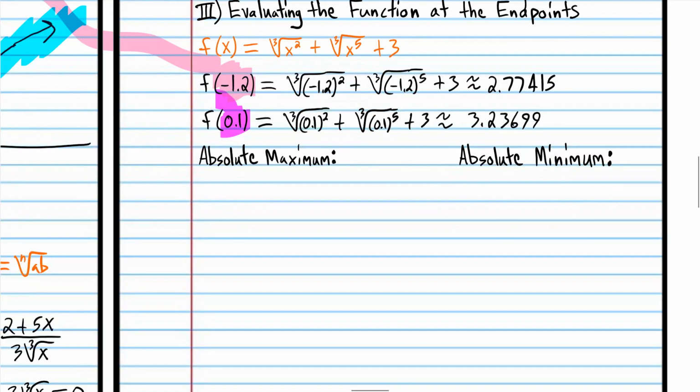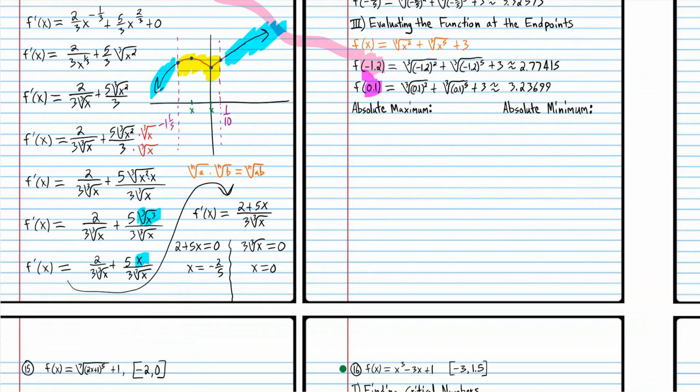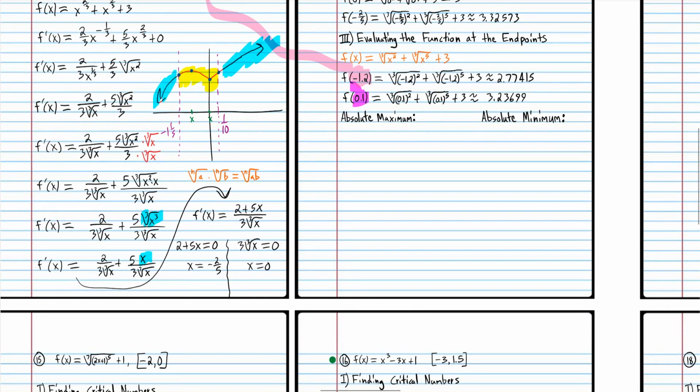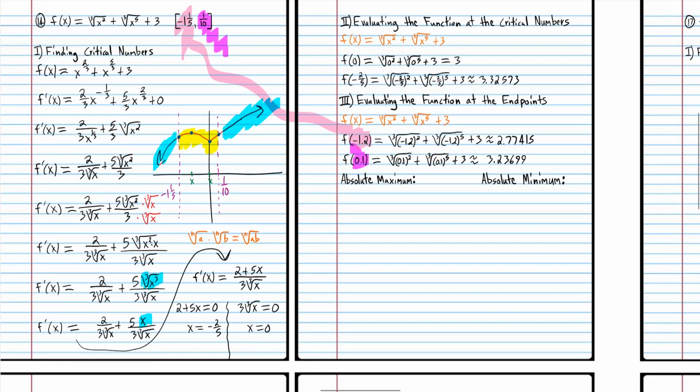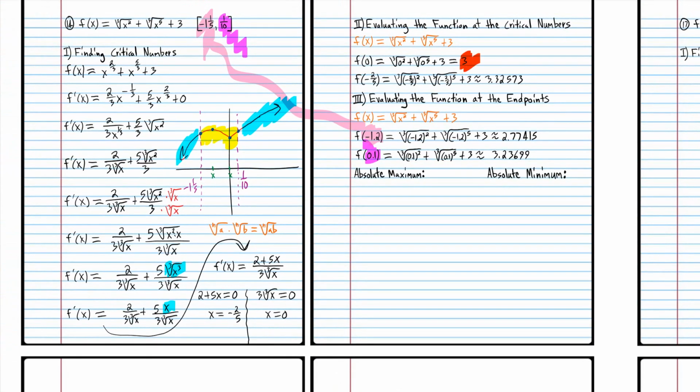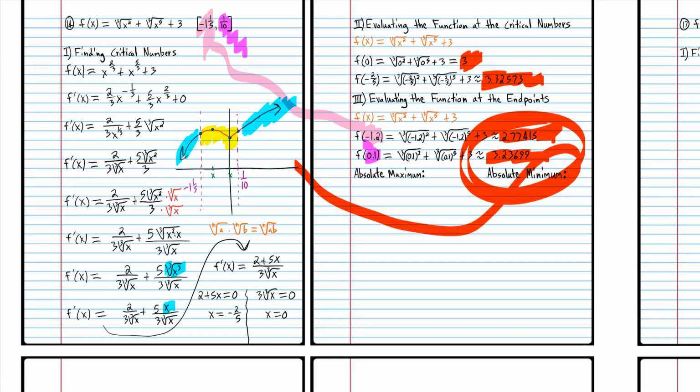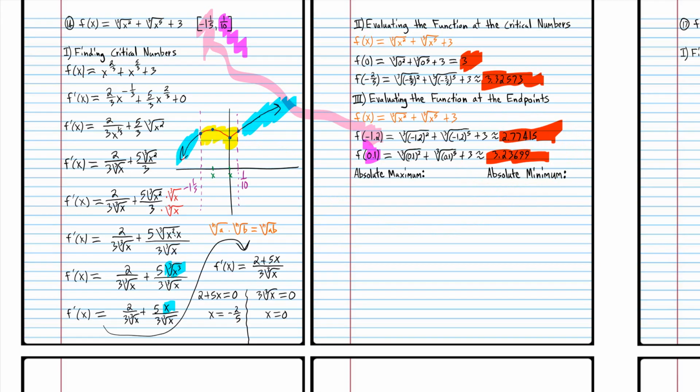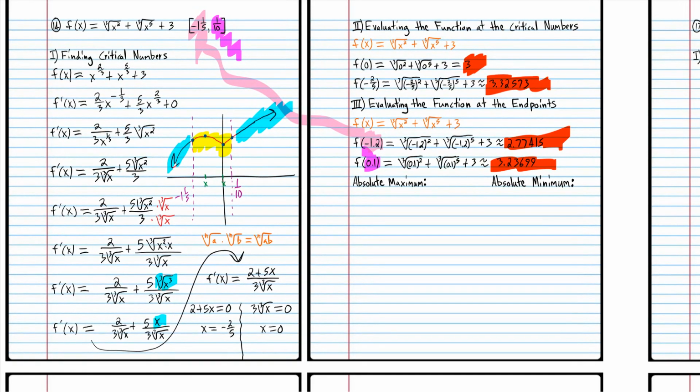So now we have to compare these values. So look at these red values up here and look at these red values here. Now these values are the y values of these points at the end points. So what is the biggest y value, the biggest of the red numbers?